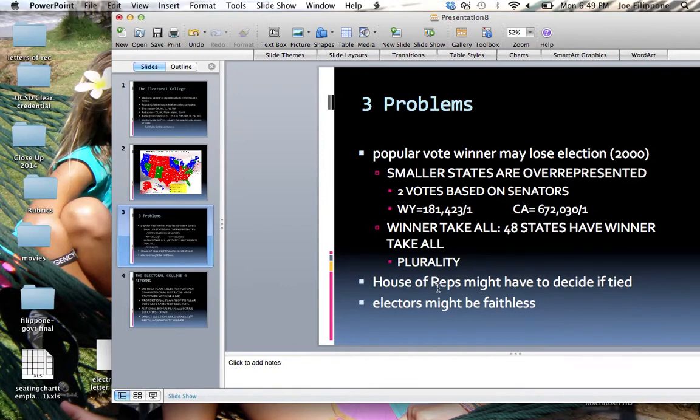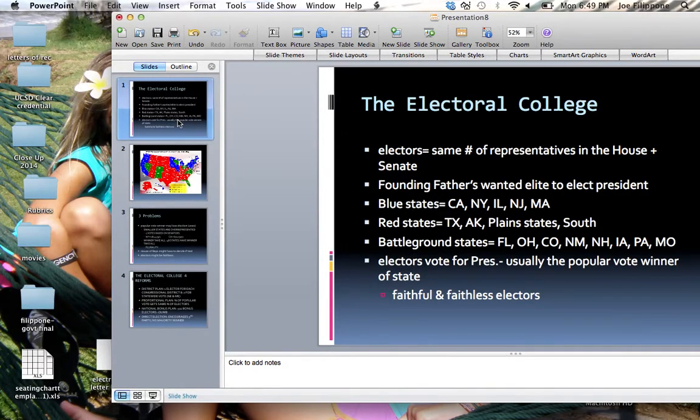Okay, we talked about the House of Reps will decide if the Electoral College is tied, because you have to have 271 electoral votes. And the electors may be faithless, which means some electoral delegates vote based on their own preference and not their state's preference.